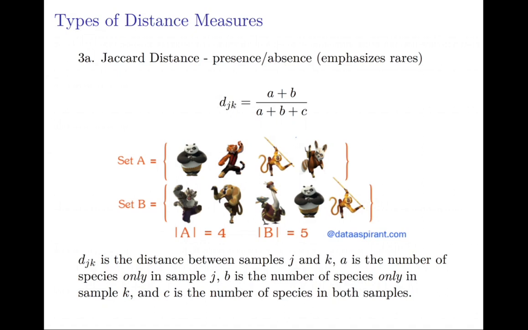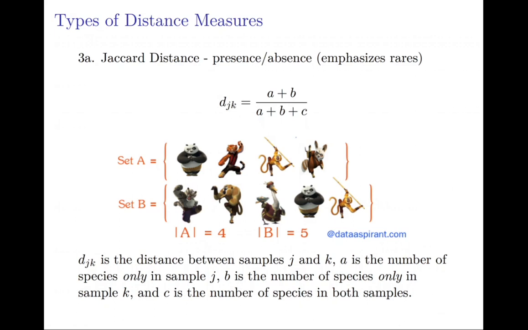So here you can say set A and B were really sites J and K. The zeros are not pictured here, of course, but you have your ones, so you have your species that are at site J and species that are at site K. And so in A you have 4 species, and in B you have 5.